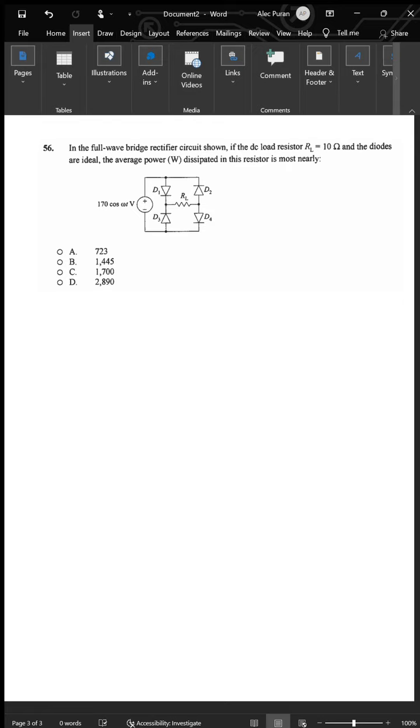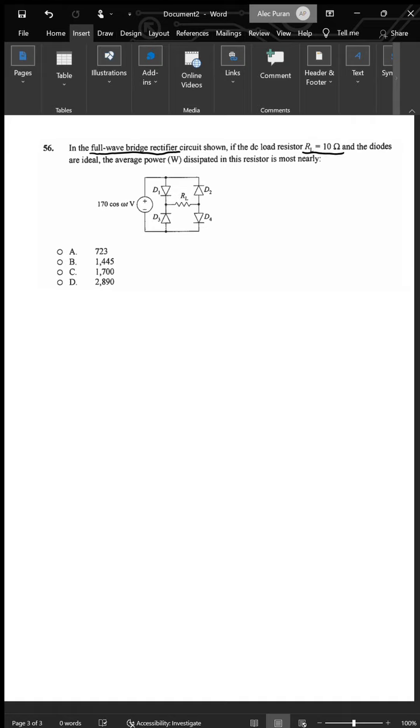So this question can be a little bit intimidating if you don't read it carefully. So it gives us an important piece of information here. This circuit is a full wave bridge rectifier with a load resistance 10.